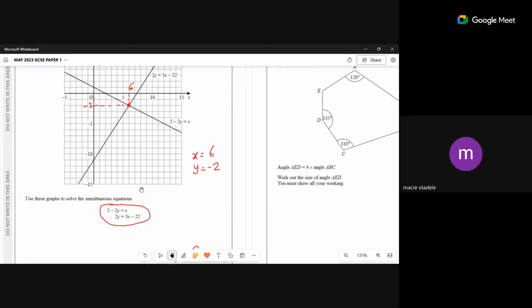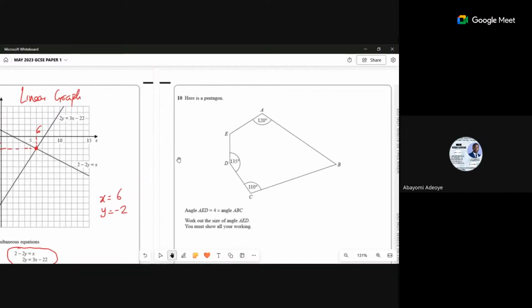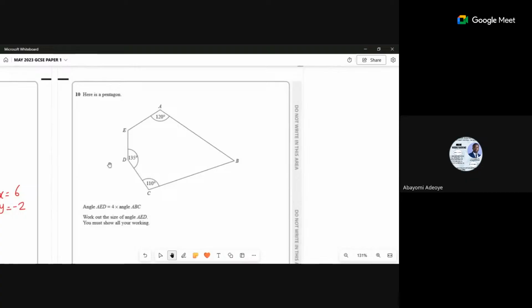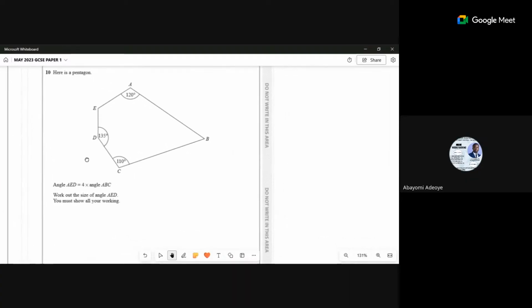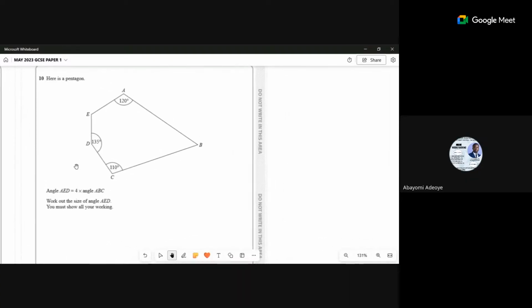Okay, number 10. Can you try this? What shape is this? Pentagon.